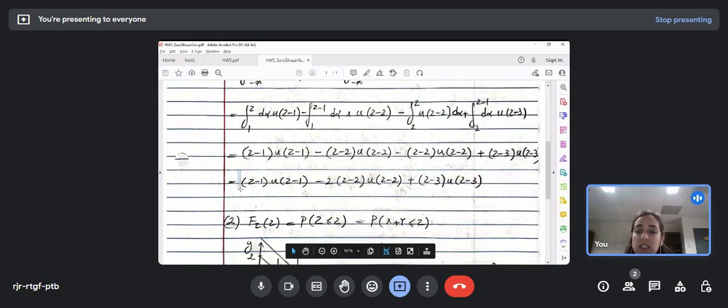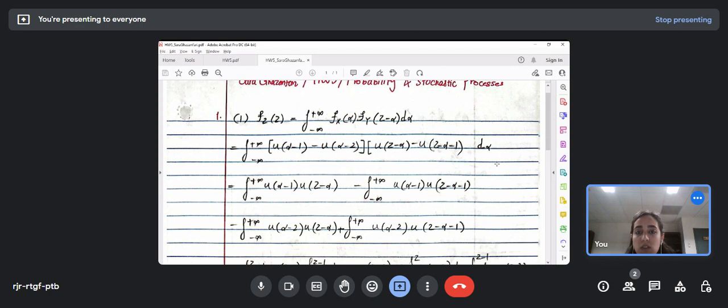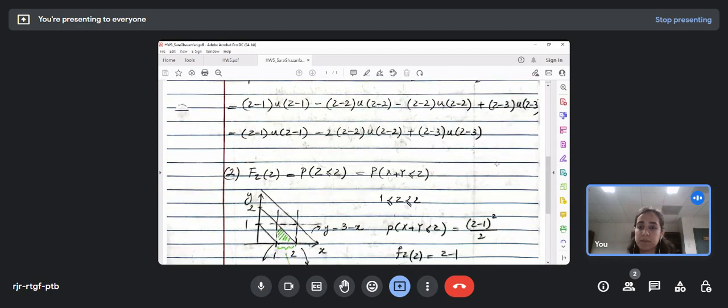So this is the probability density function. So this was the first method, which was convolution for calculating the probability density function.